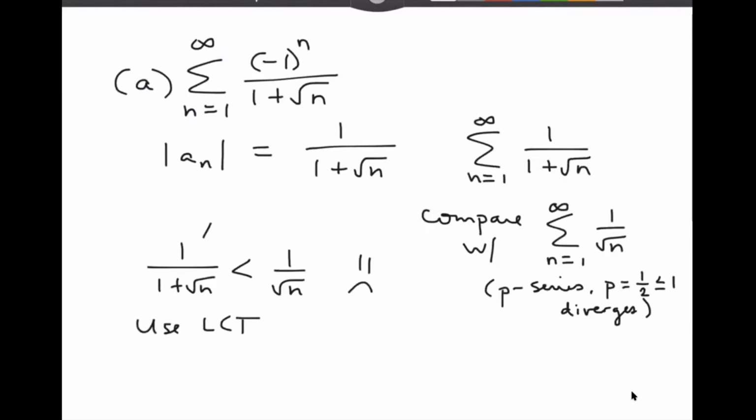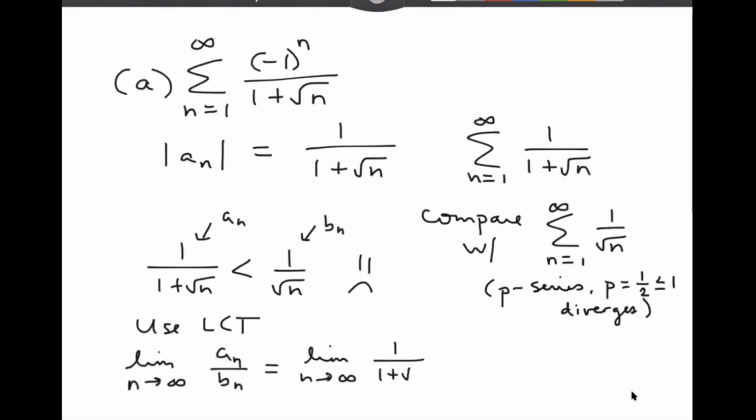So we'll make this a sub n, we'll make this b sub n, and we'll look at the limit as n approaches infinity of a sub n over b sub n, which is the limit as n approaches infinity of 1 over 1 plus the square root of n, divided by 1 over the square root of n, which is the same thing as multiplying by the reciprocal.